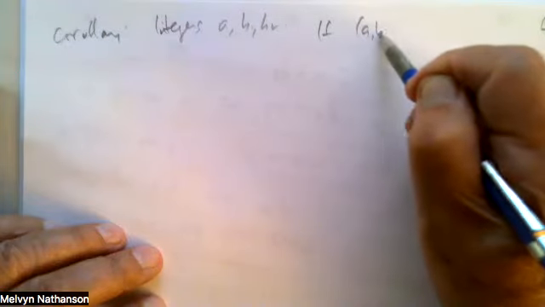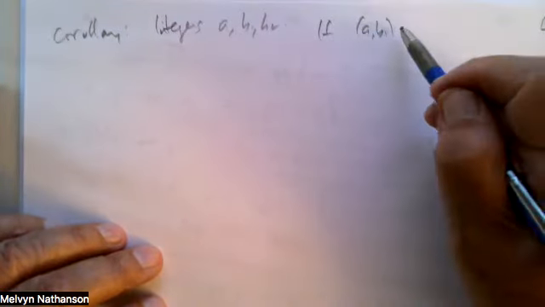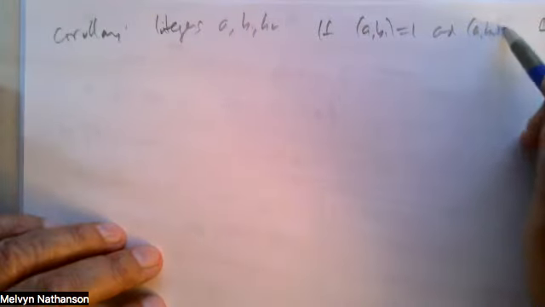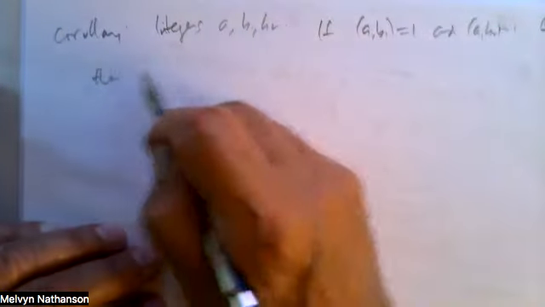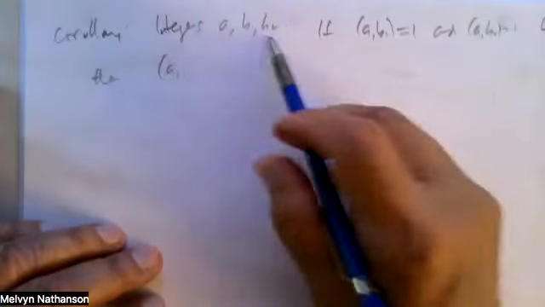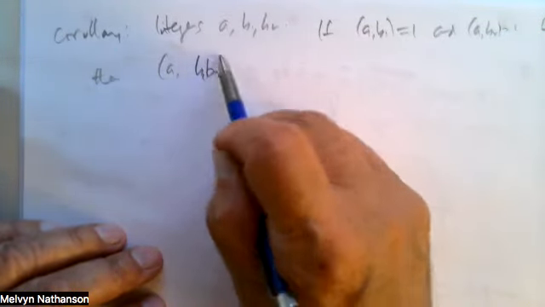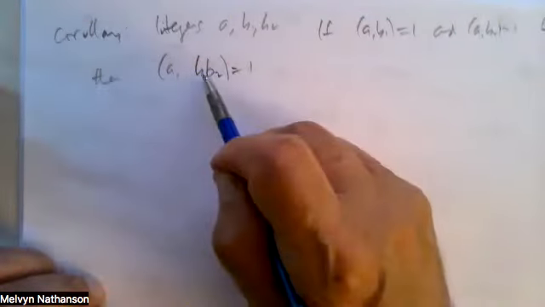If the greatest common divisor of A and B1 is equal to 1, and the greatest common divisor of A and B2 is equal to 1, then the greatest common divisor of A and the product B1 times B2 is also equal to 1. So if A is prime to two different integers, it's also prime to their product.